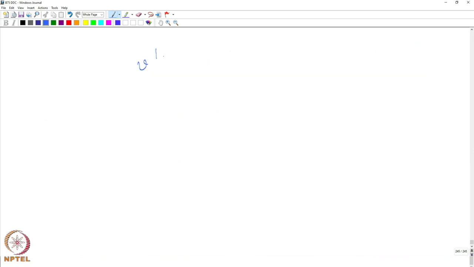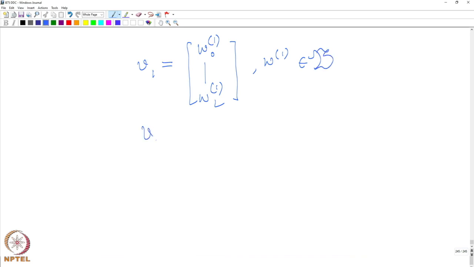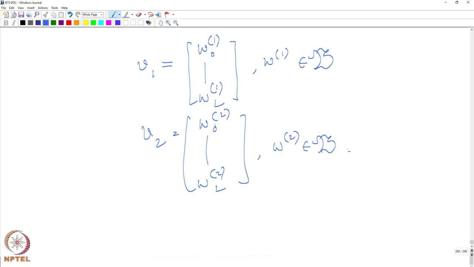So, V1 must be equal to W1 0 dot dot dot up to W1 L, where W1 is a trajectory in B, and V2 must be equal to W2 0 dot dot dot up to W2 L, where W2 is in B. Correct. So, obviously, V1 plus V2 can then be written as W1 plus W2. That is a legitimate trajectory in B, because B is a vector space itself.